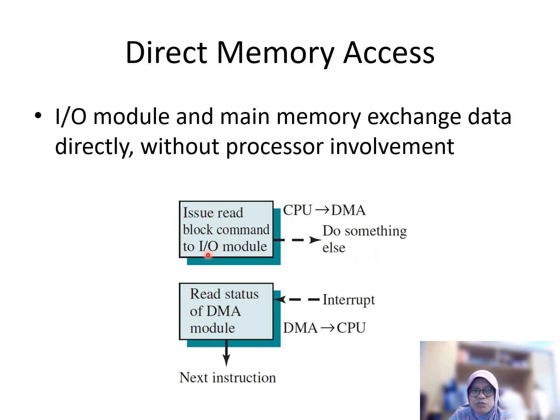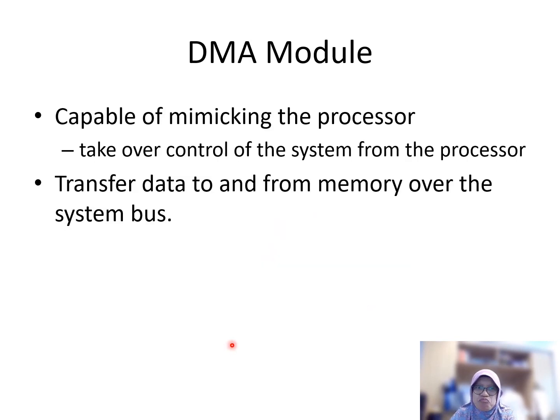It will issue a read block command to the I/O module, and the DMA would settle the exchange between the I/O module and the main memory. After it finishes, it will interrupt the CPU, and the CPU will read the status of the DMA module and then proceed to the next instruction.